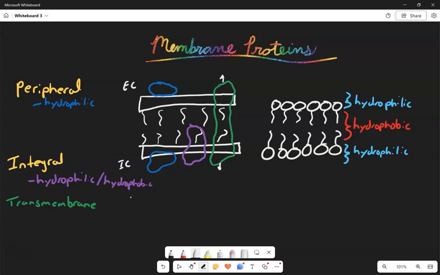So it spans the entire membrane, so it's a transmembrane protein. So it is going to have hydrophilic regions, and it's going to have a hydrophobic region as well. Right? And so these proteins will be incredibly important for understanding membrane dynamics.